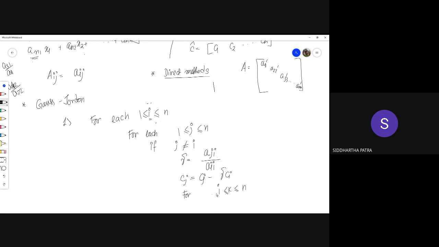Okay, ideally it should go from 1 to n, but you can use some smartness to put it from I to n, because for all the variables that came before I, you have already eliminated them from all the equations. But then there are diagonal terms, right? So yes, you'll have to do it from I to n. a_jk equals a_jk minus gamma times a_ik.